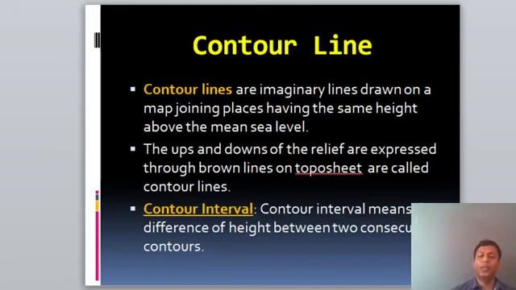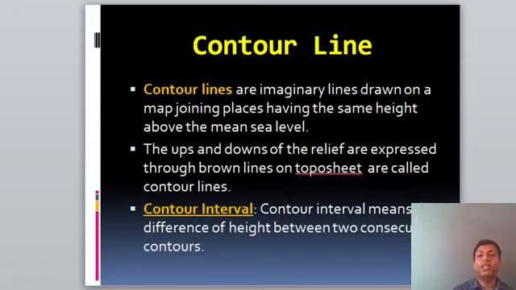As you know, suppose the places Motihari, Bariarpur and Charmari are at the same height, we draw them on the same contour line and write that the height of those places is the same.